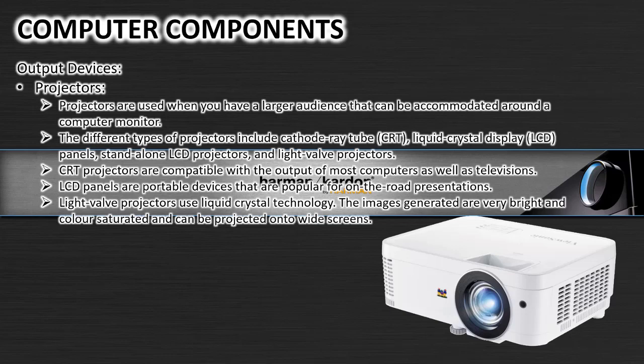Normally, we use a projector when we want to display the output to a large number of audiences. As stated in the slide, projectors also have several types such as CRT, LCD, DLP, which stands for digital light processing, and LCOS, which stands for liquid crystal on silicon, where the LCOS projector uses grating light valve, GLV, technology.